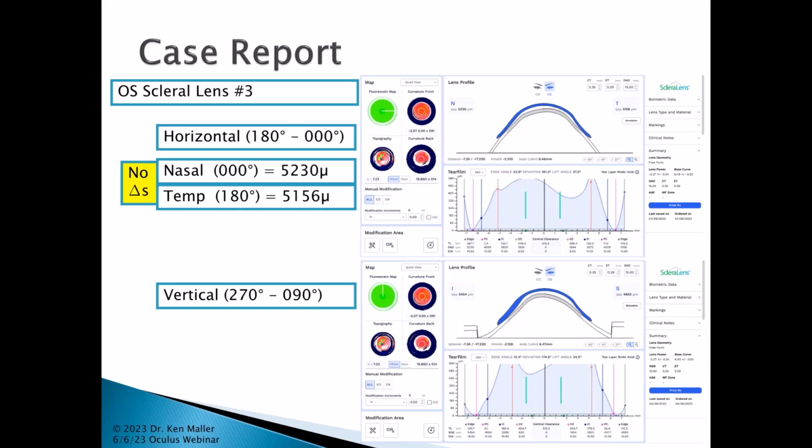So if you're taking a look at that screen, for example, at the image on the top, you can see nasal and temporal thicknesses are fairly homogeneous all the way through the dimension of the lens, yet in the superior and inferior, you can see that the inferior portion of the lens is considerably thicker than the superior portion in this particular design.